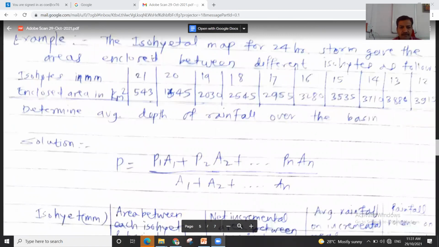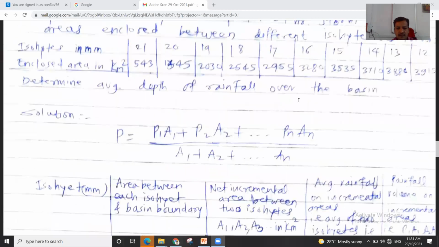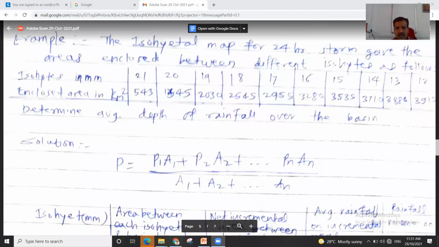The next problem is related to isoidal method. The isoidal map for 24-hour storm gives the areas enclosed between different isoids as follows. 24 तासानंतर जे रेनफॉल डाटा रेकॉर्ड केलेलं आहे त्यावरनं हे आयसोटल मॅप त्यांनी प्रिपेअर केलंय.